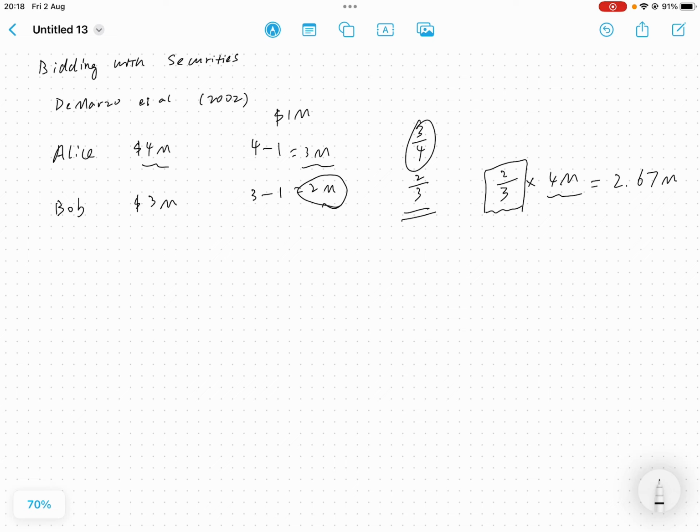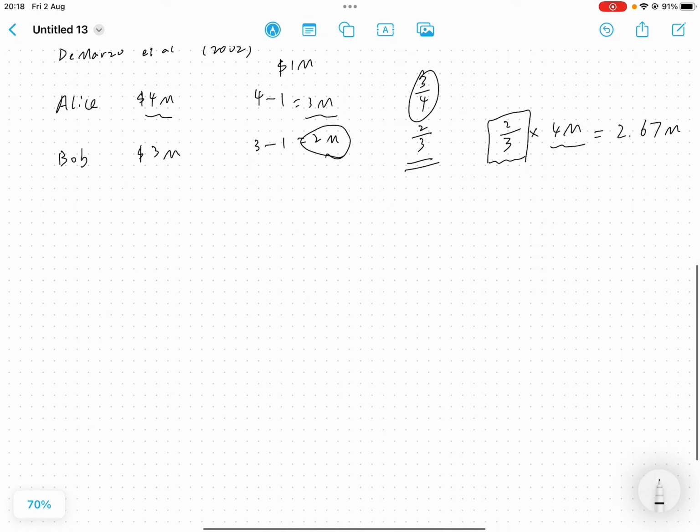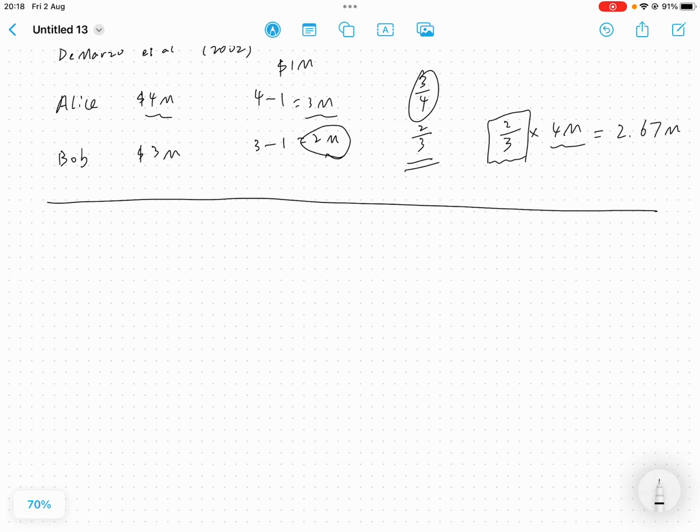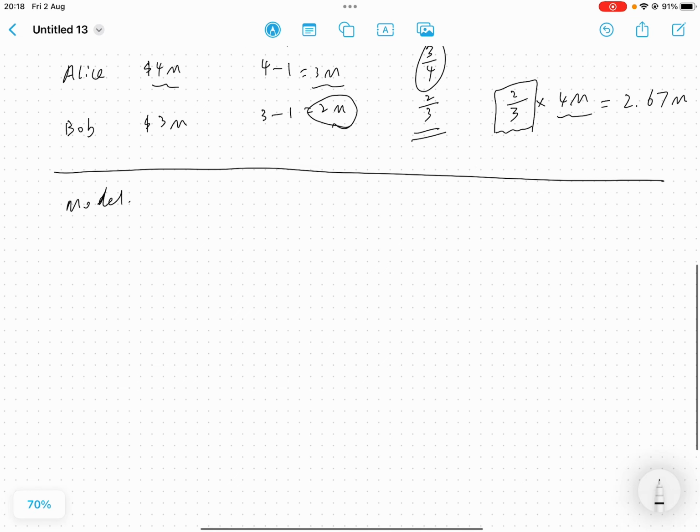We will briefly introduce the model of the security design problem. So there are n risk neutral bidders, and they are bidding in a competition for an asset.